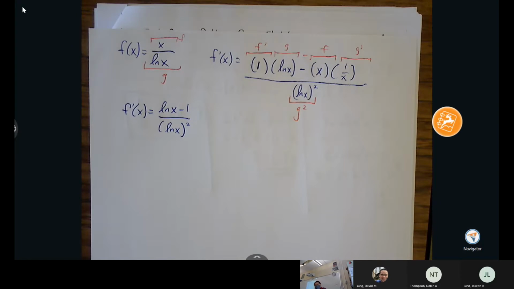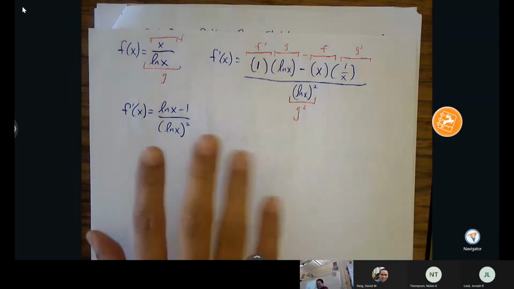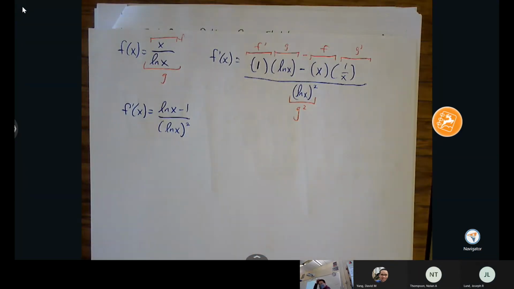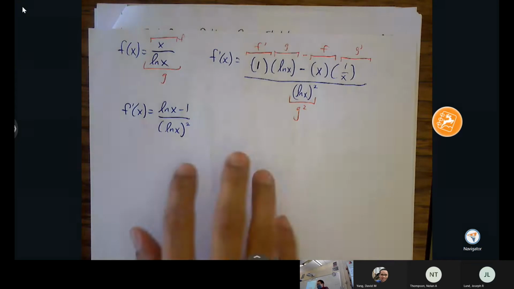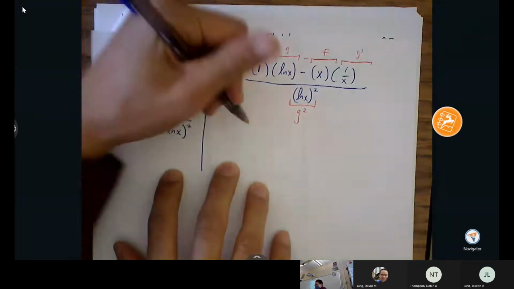Joey, Nolan, you guys good? Yeah, I'm good. So we want to find relative extrema, but we have to look for critical points. So critical points, we set the numerator and denominator equal to 0 separately.